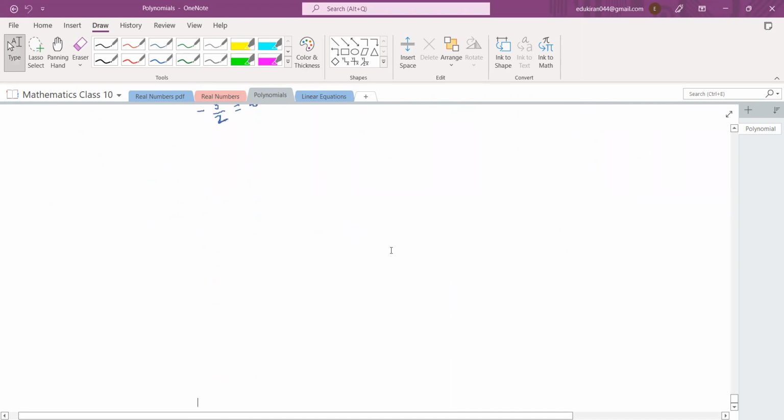Okay, one more question I'm giving you, of the same type but a different question. If one of the zeros of the polynomial, let's say this is the polynomial, (a square plus 9) into x square plus 13x plus 6a.